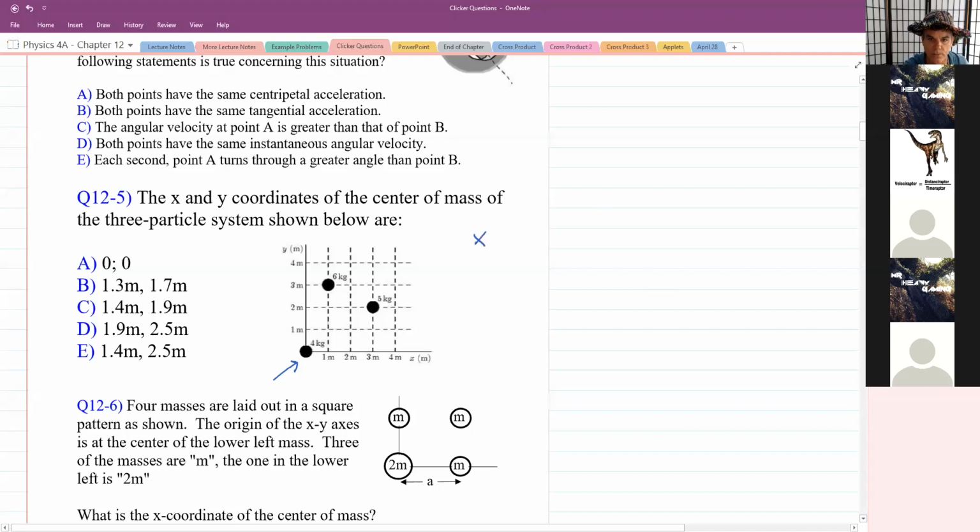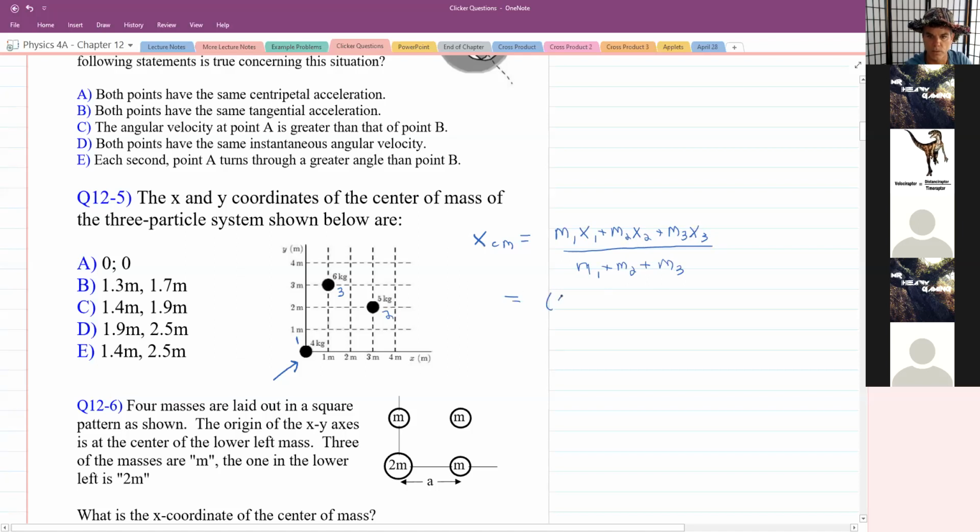So X, and I'm not going to talk as I'm doing this, just to give you a chance to work on it on your own. X center of mass. So this is going to be, and let me label these 1, 2, 3. So we have M1 X1 plus M2 X2 plus M3 X3, all over M1 plus M2 plus M3.